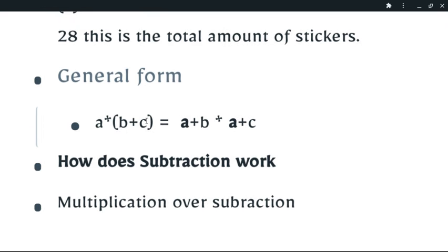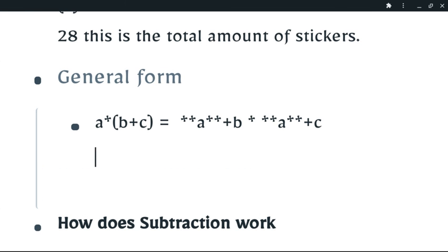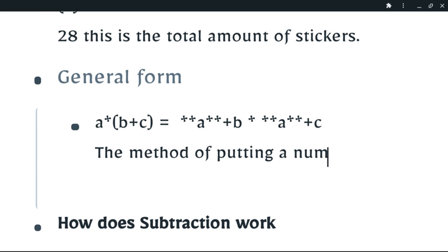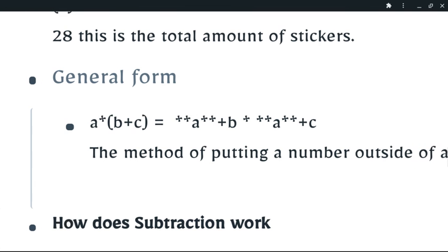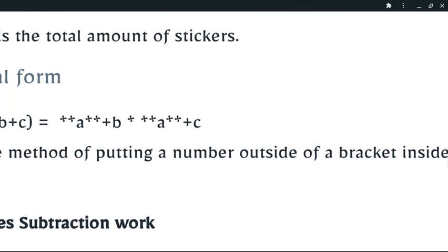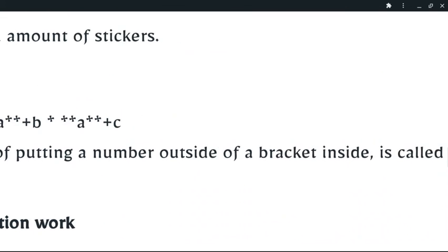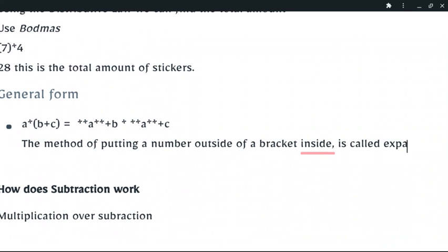Yes, sir. All right. So this form of putting a number outside of a bracket inside is called expanding.